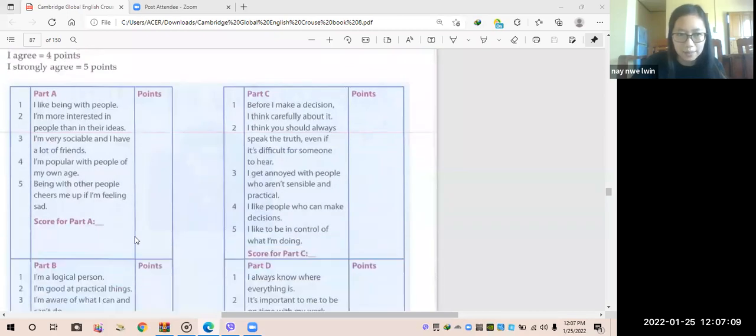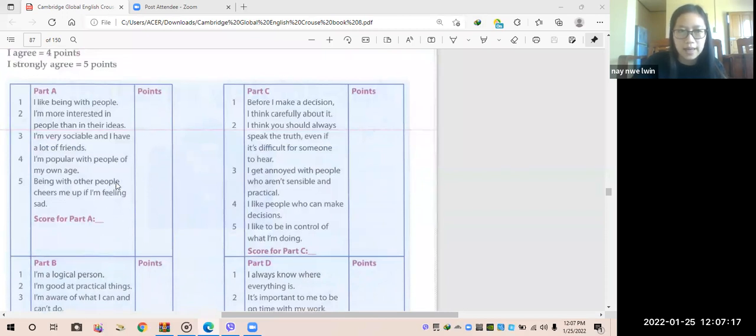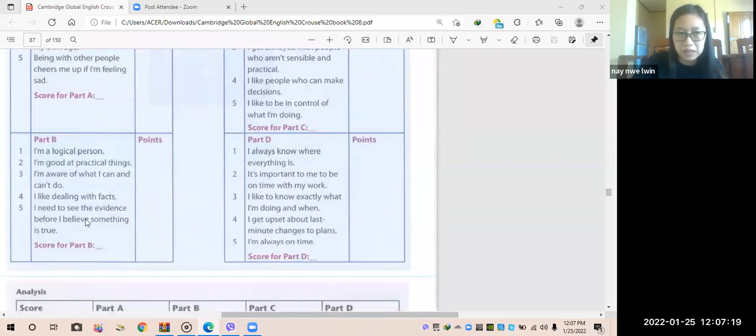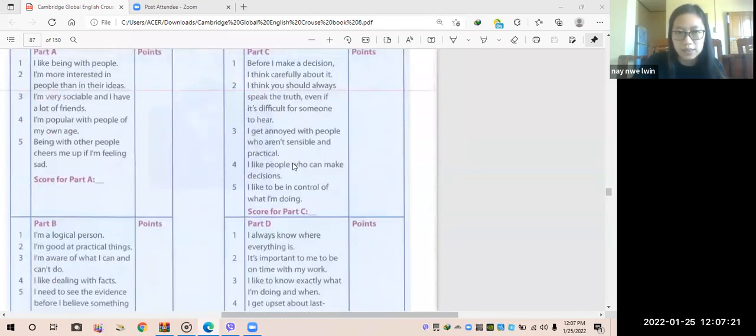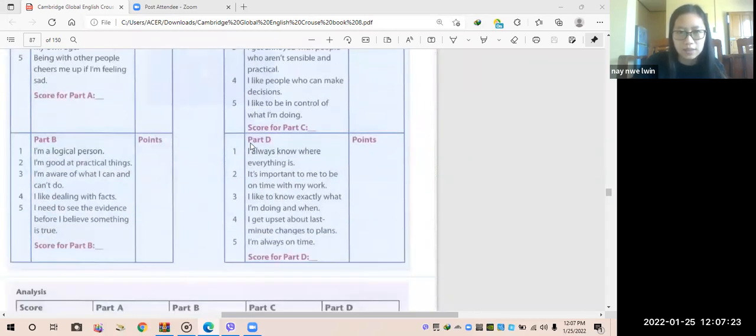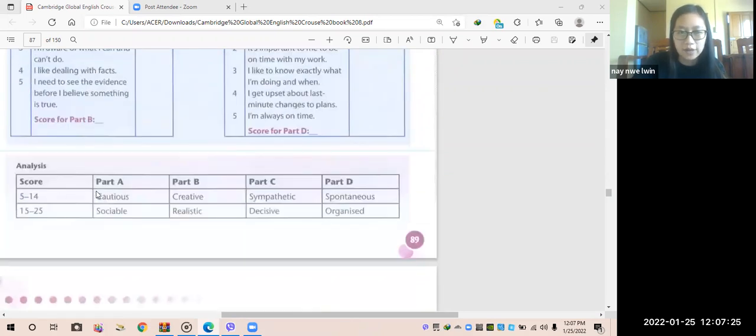Then you have to add up your score here. You got numbers like 3 or 4, maybe 1, 2, and you add them up. In the same way, do that for part B, part C and part D. After that, we will check the score and it will decide your personality. Maybe you are cautious, creative, decisive, or organized. Is that clear?